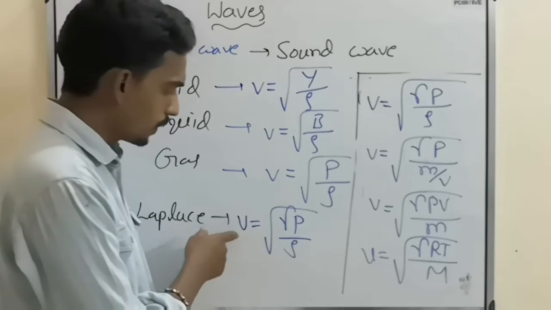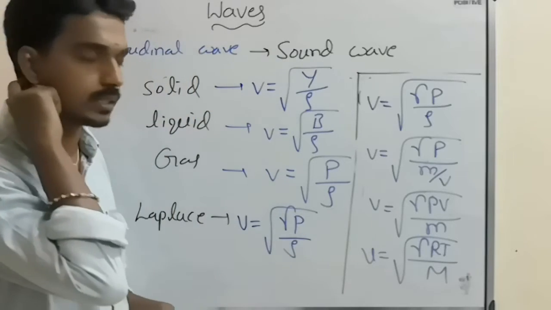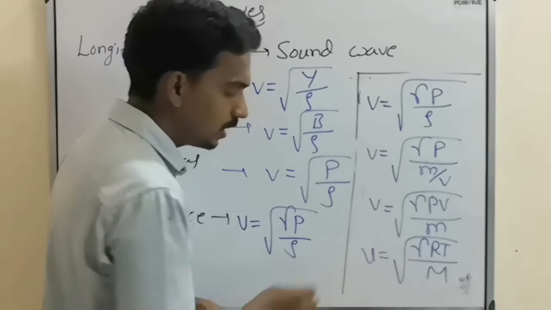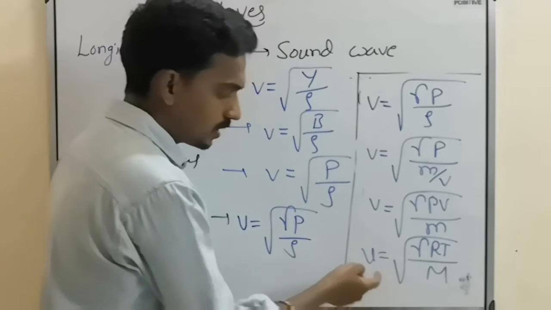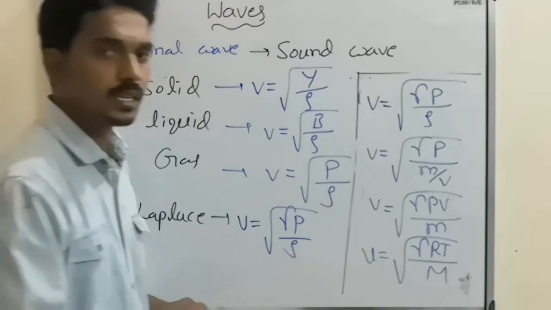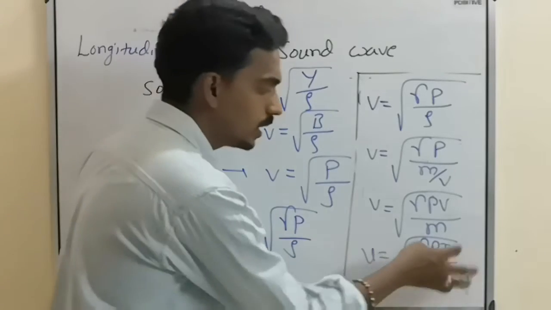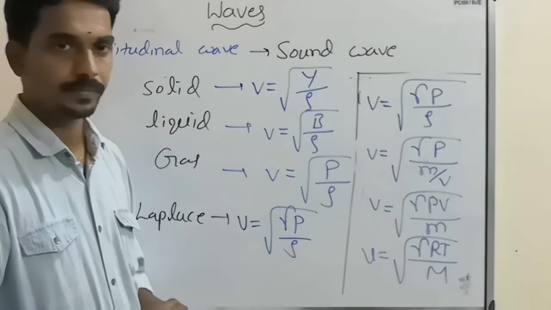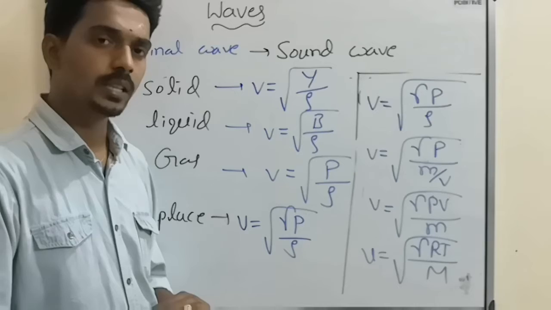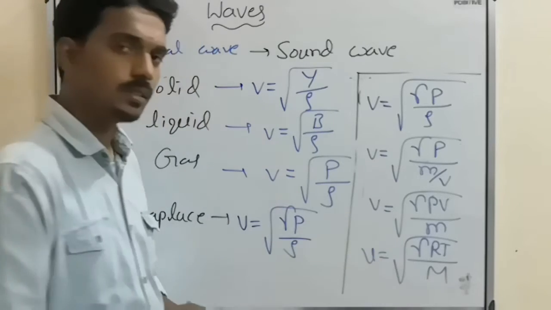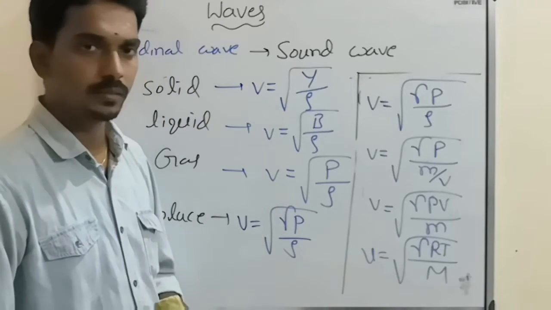That's why the speed is independent of pressure, such that PV remains constant. But here, as temperature changes, speed will change. That's why the speed of sound wave depends on temperature only. So understand and remember these two formulas and do the calculation.